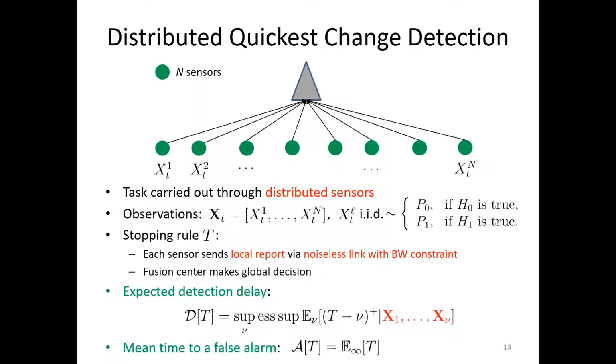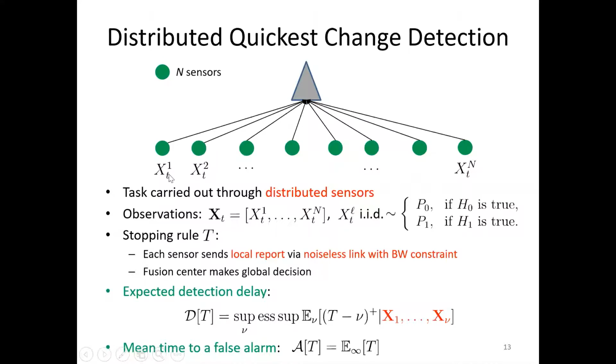This brings us to study the distributed version of QCD. That means we have a fusion center that wants to monitor an event through a bunch of distributed sensors. In this problem, the sensors make their own observations according to this distribution, and they are IID across the sensors. We have a stopping rule T, but now this T consists of two parts.